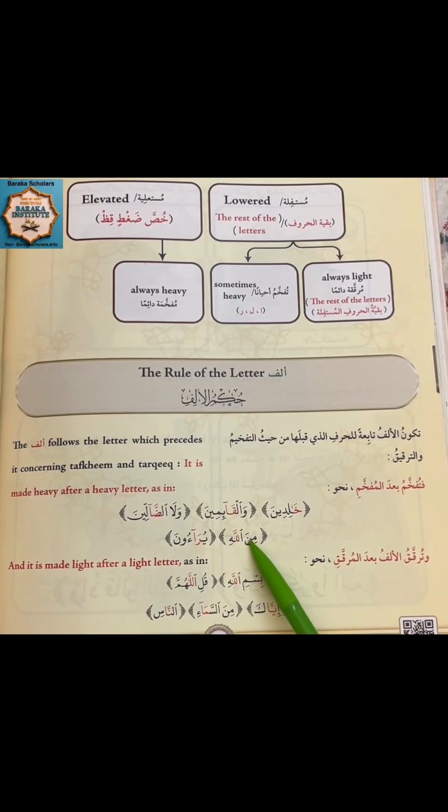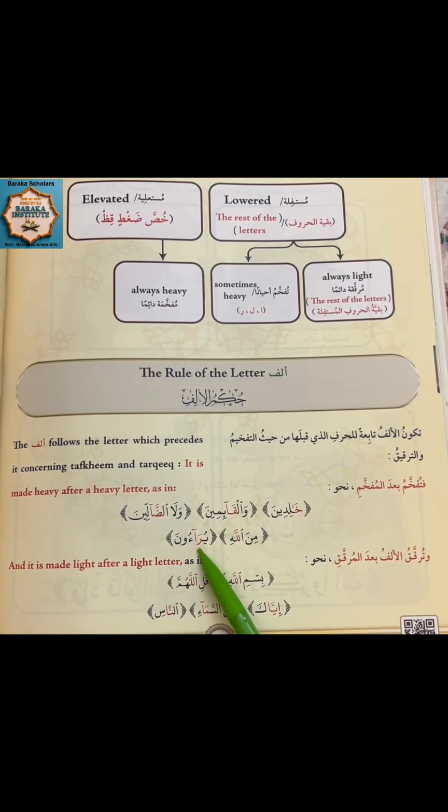So I'm going to say minal. See, the lam is heavy, and then the alif, la, minallahi. If you notice, lam and alif here are heavy. Here also I have the ra. Ra is heavy here.